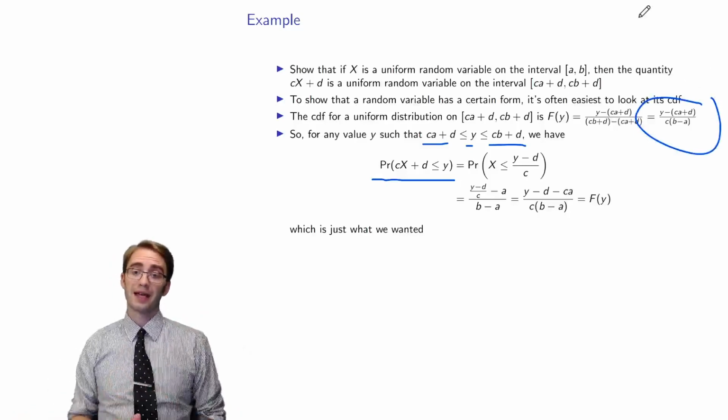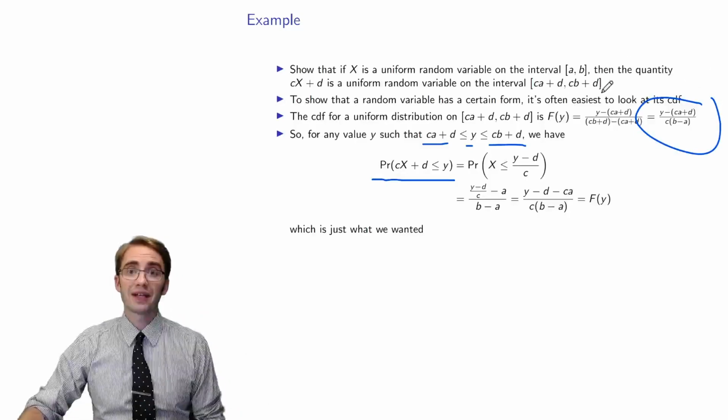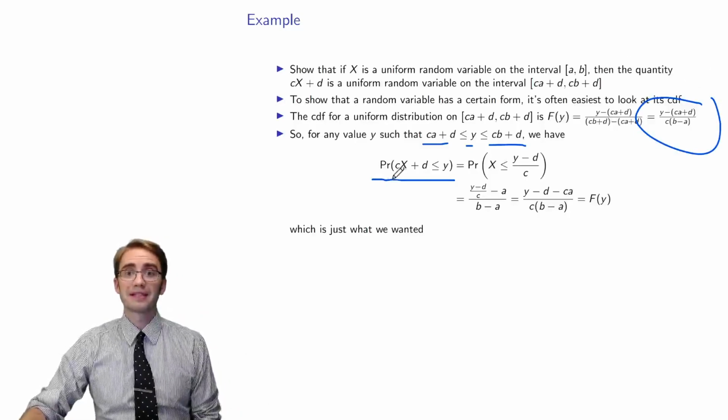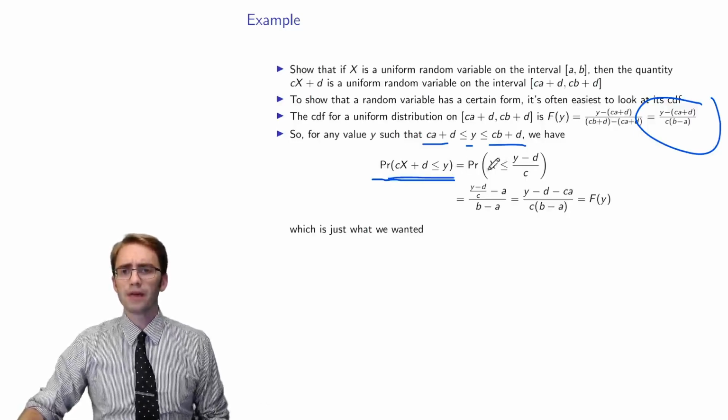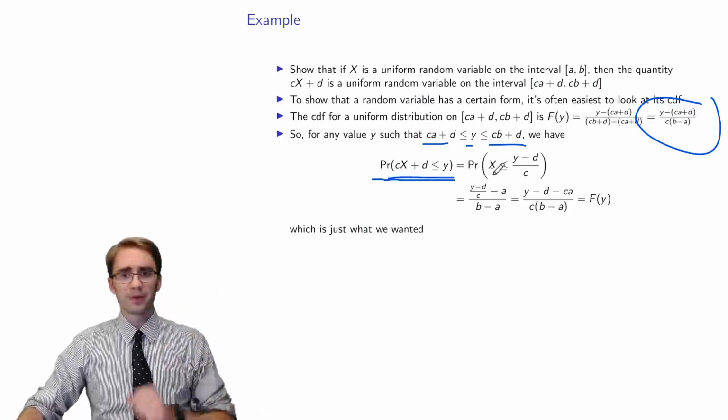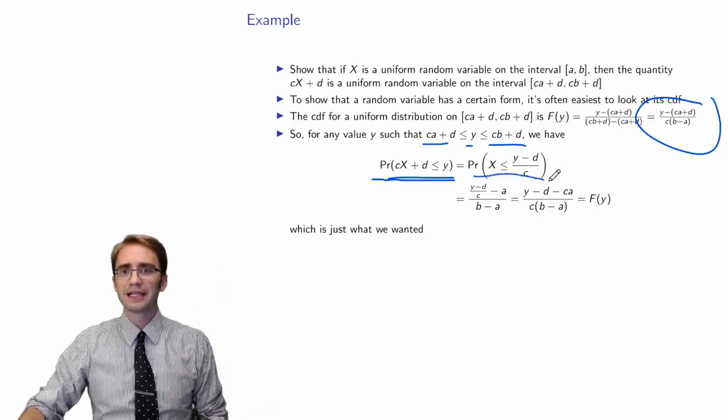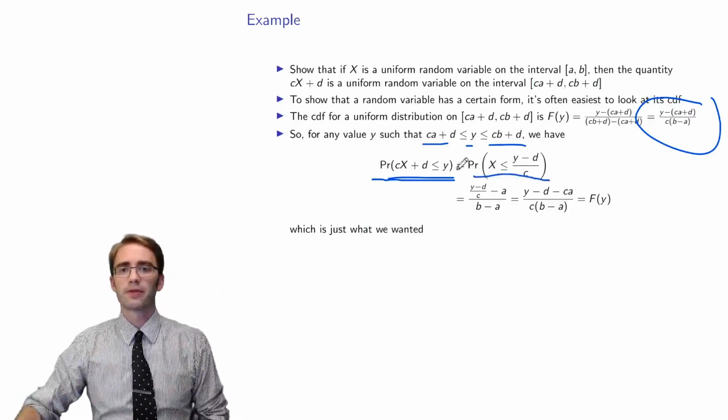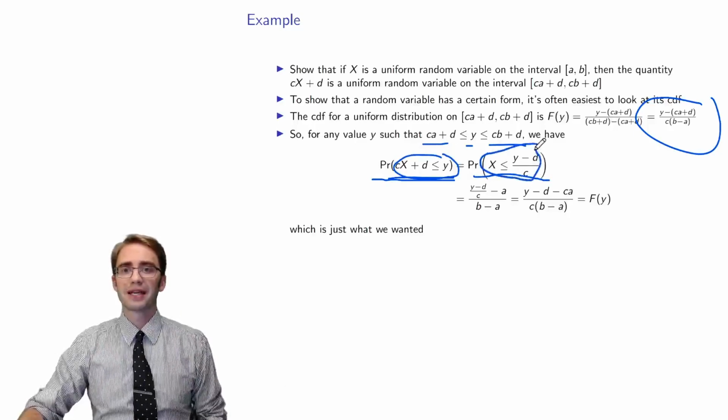How do I do that? Take any value y and ask, what's the probability that Cx plus D is less than or equal to y? All I've done from one step to the next is some algebra. I took this inside expression, Cx plus D is less than or equal to y, and rearranged it in terms of x, that's all.